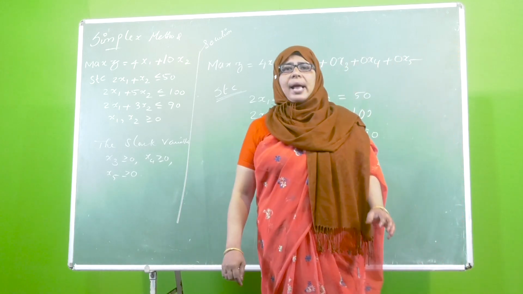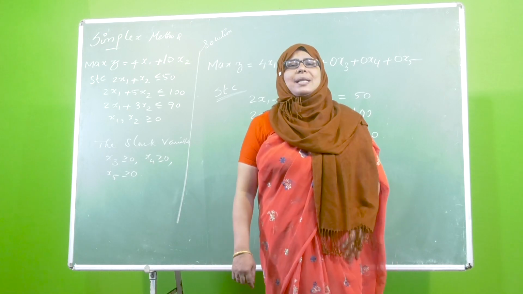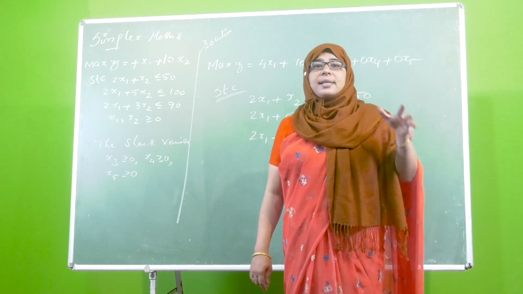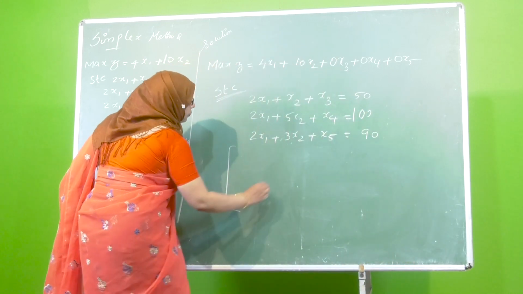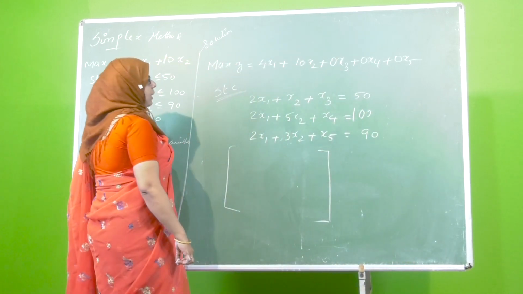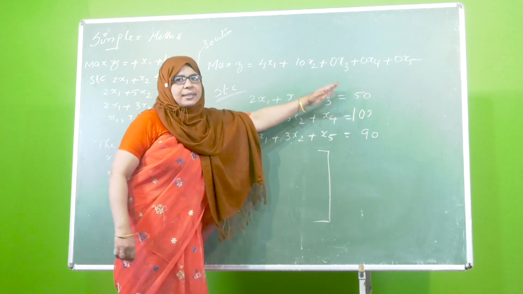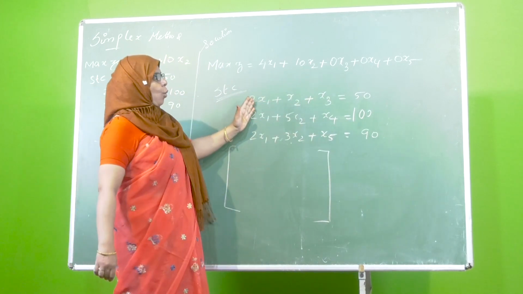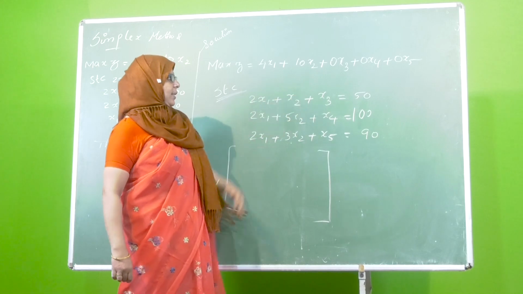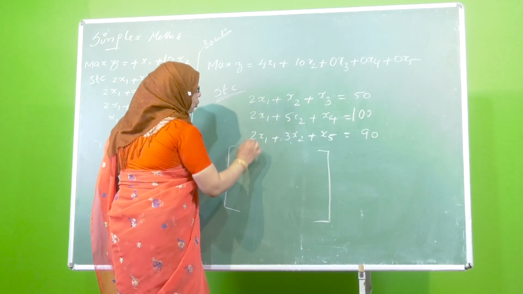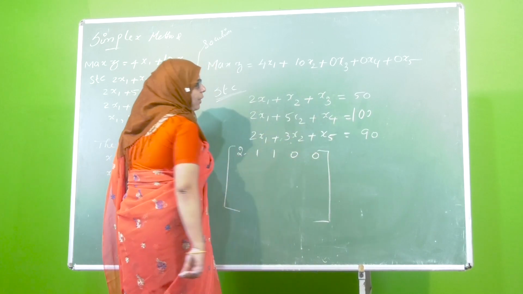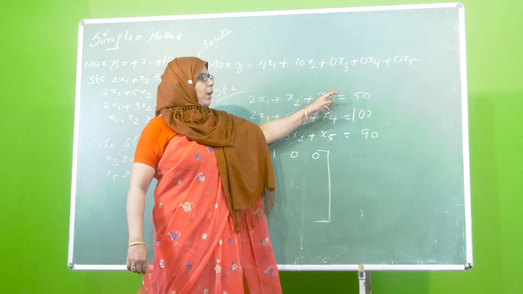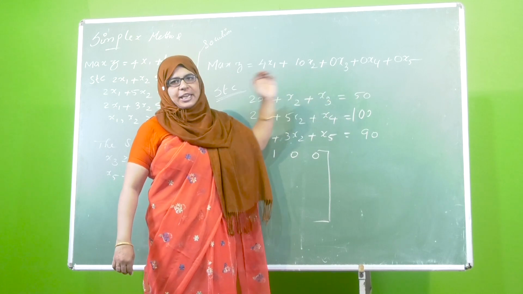Now, we have to write it in matrix form, Ax is equal to b. Here, A is the coefficient matrix of the constraints for x1, x2, x3, x4, x5. The first row is 2, 1, 1, 0, 0, because x4 and x5 are not present in the first inequality.